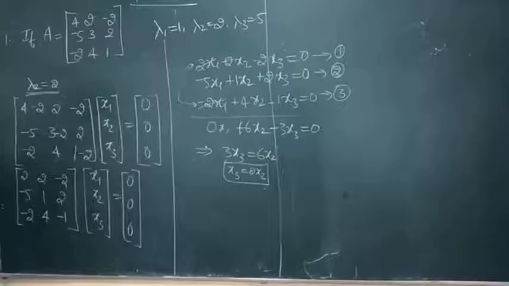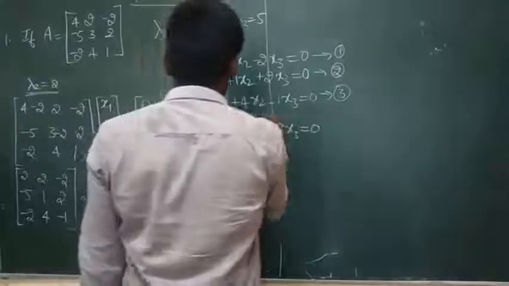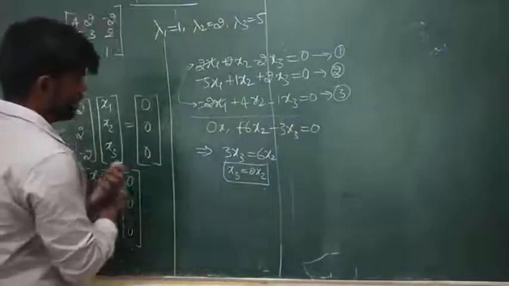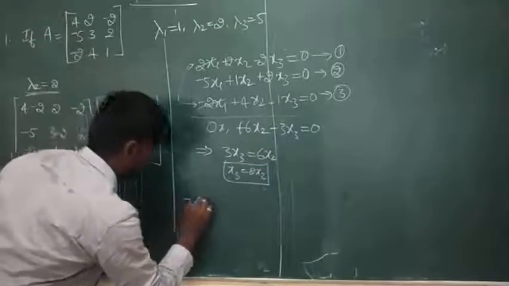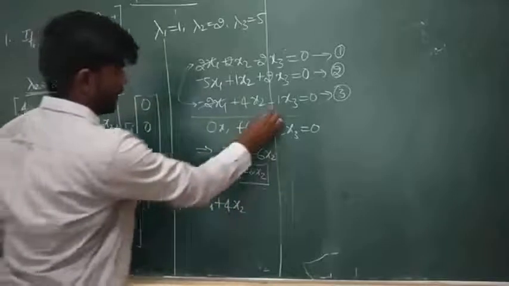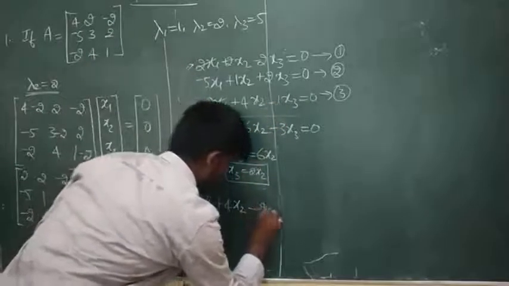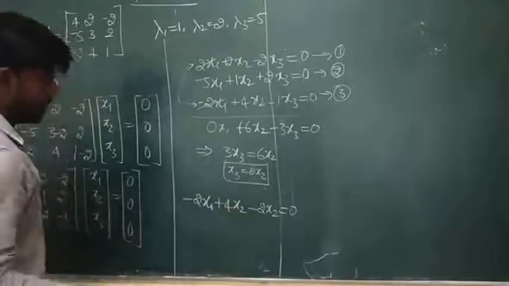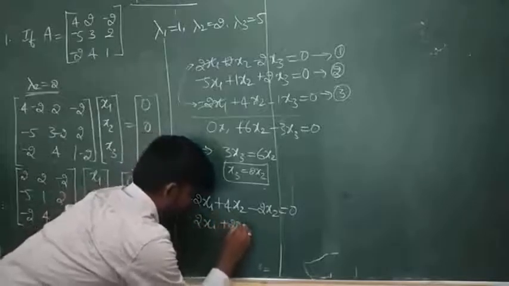Substituting x3 in equation 3, we get minus 2x1 plus 4x2 minus 1x3, where x3 is 2x2: minus 2x2, which is equal to 0. 4x2 minus 2x2 gives minus 2x1 plus 2x2.